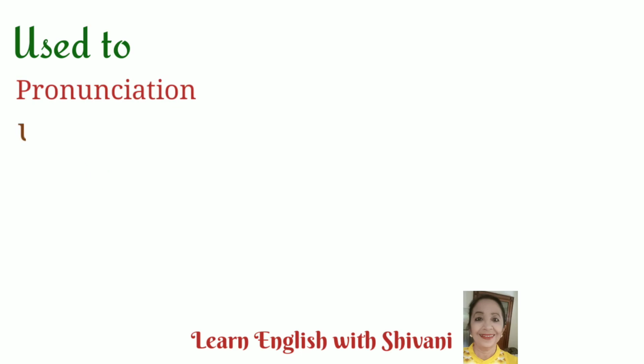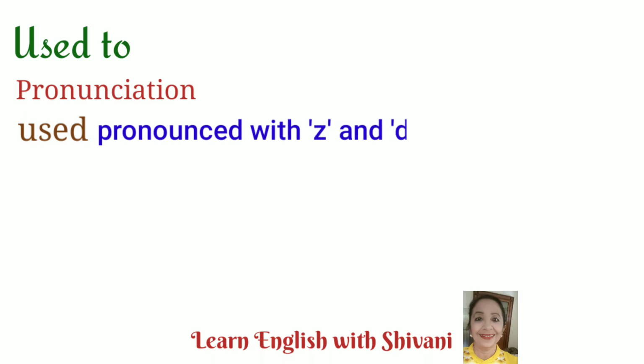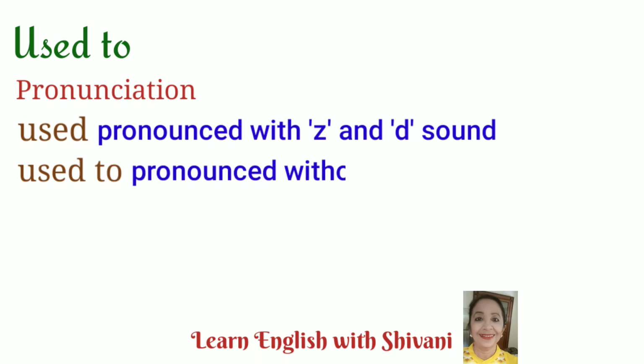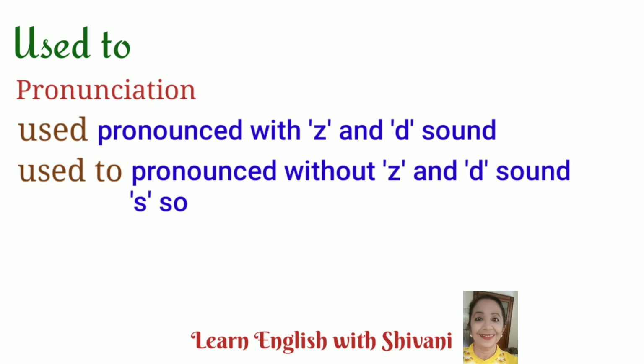The word used is pronounced with a Z and a D sound. But when we say used to, then it doesn't have the Z or the D sound. It's pronounced with an unvoiced S, which merges with to without any D sound.